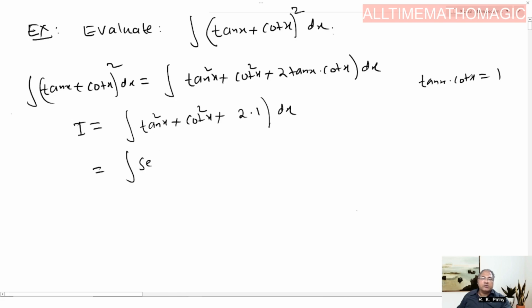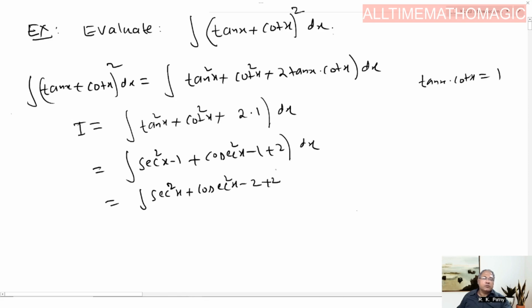Therefore, tan square x equals sec square x minus 1 and cot square x equals cosec square x minus 1, plus 2, with respect to x, equals sec square x plus cosec square x minus 2 plus 2 with respect to x. Minus 2 plus 2 is gone.